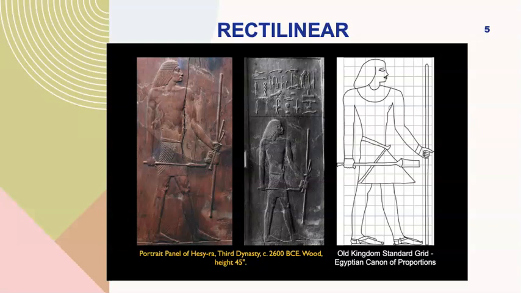But you could still trace lines with the instruments and the tools held by this figure. All of it composes into rather straight linear lines, and therefore is rectilinear art. And Egypt at this time followed the same standards.